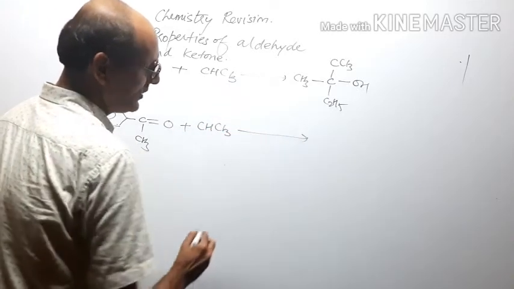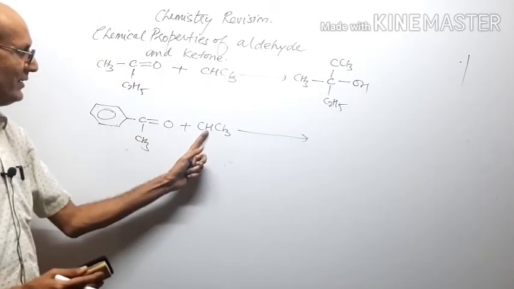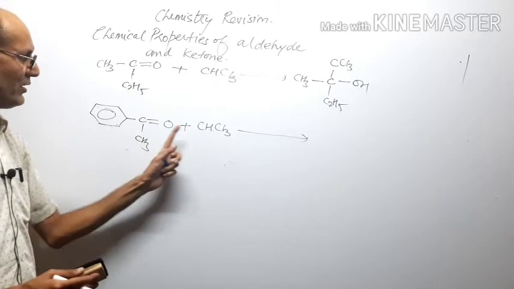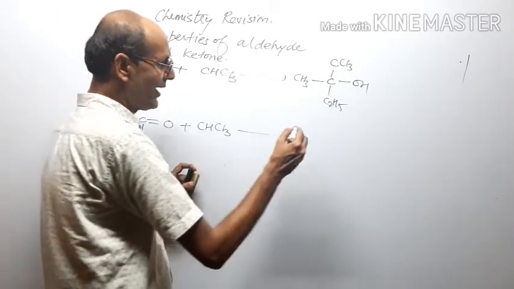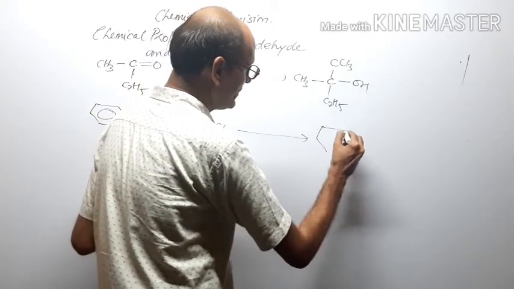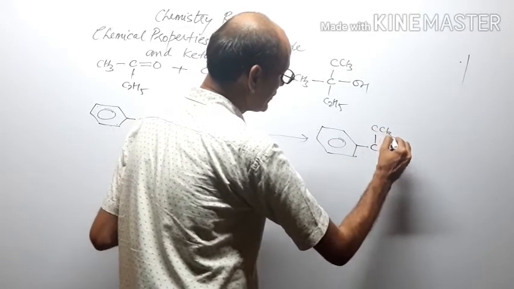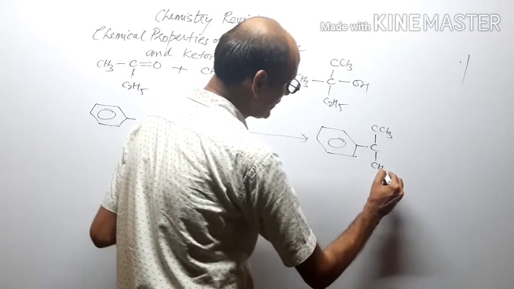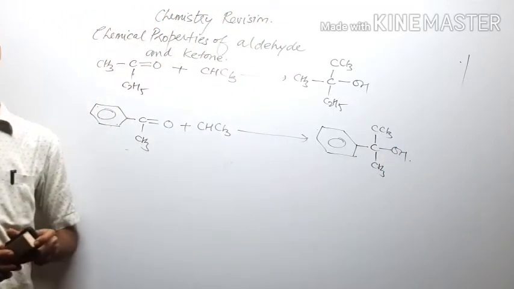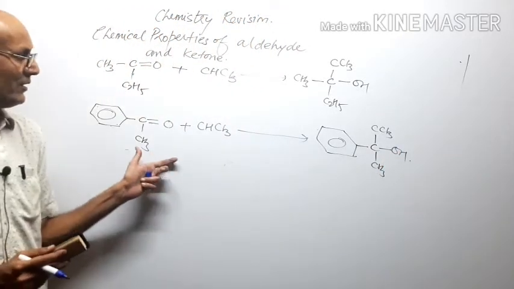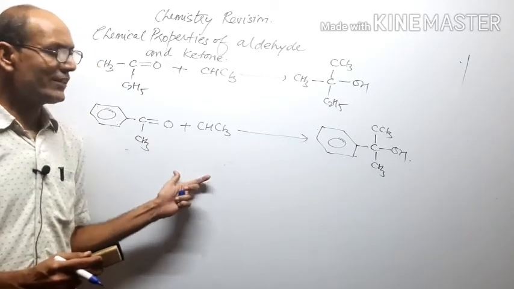It gives, so what you will get, students, see here, this H will be attached here and CCl3 at the carbonyl carbon. So you will get ring-C(CCl3)(CH3)-OH. You can write so many examples, in an easy method, for all the aldehydes and all the ketones. Okay, students.